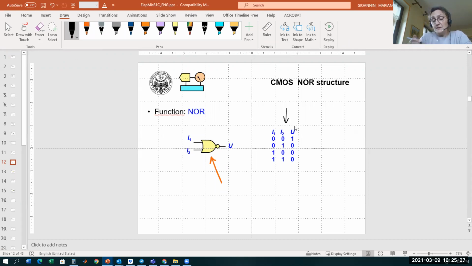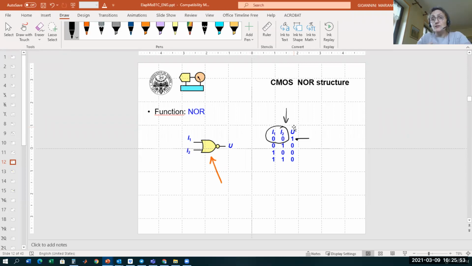You recognize that the output is 1 only for the case with both inputs low. All the other cases give an output low. So it means that we have the opposite configuration.